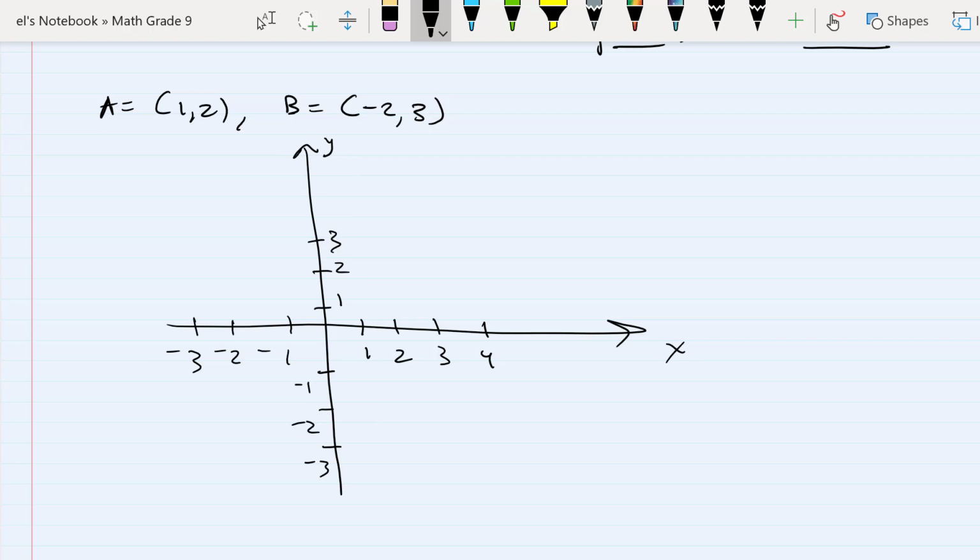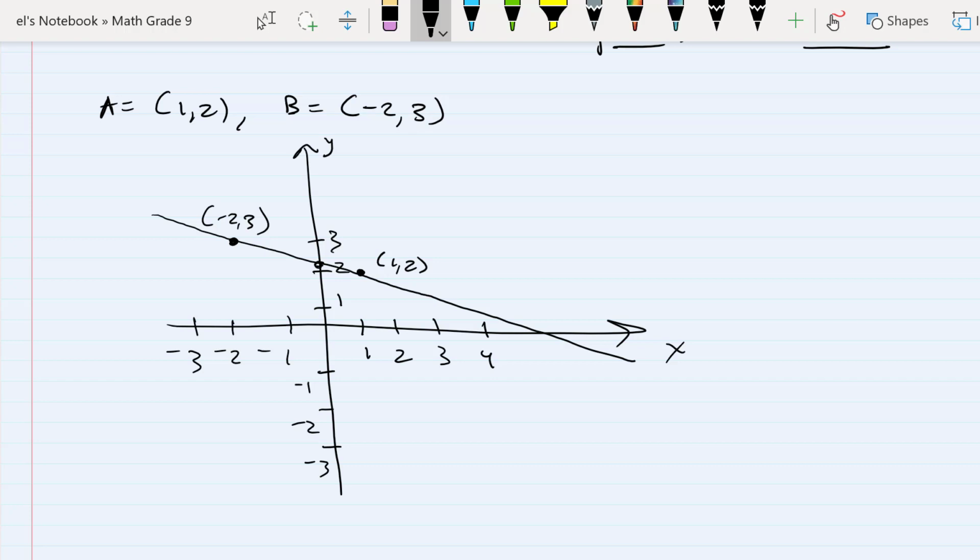And we label A, which is 1 on x and 2 on y, and we label B, -2, 3. We have 2 points, and we can draw a line as such.